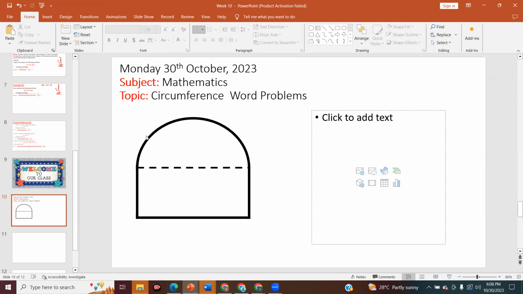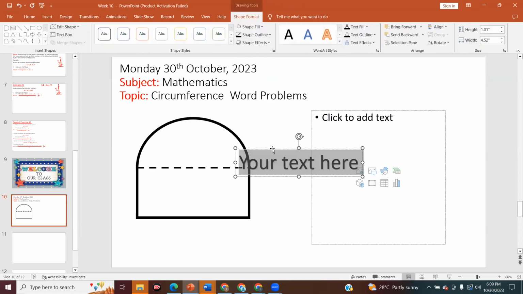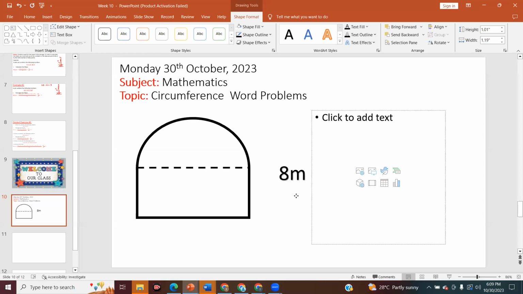All right. So let's say for this one that we have 8 meters on this side.